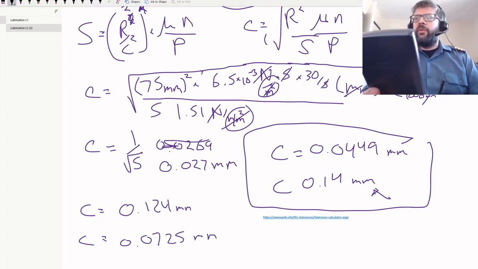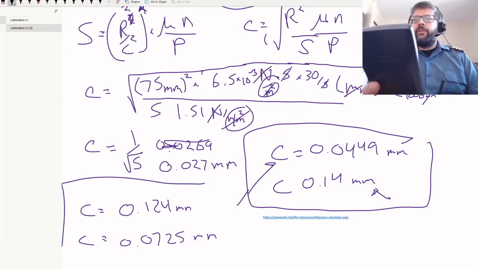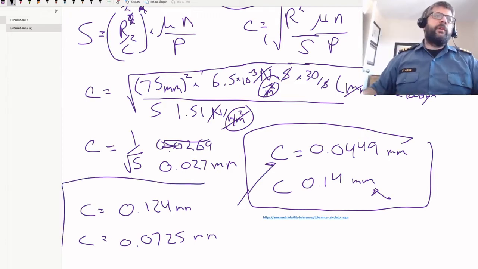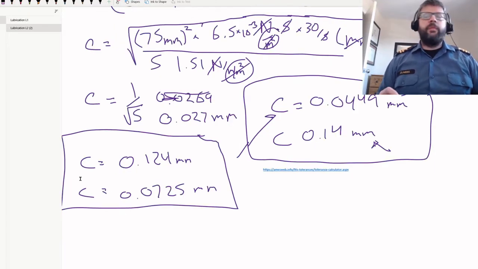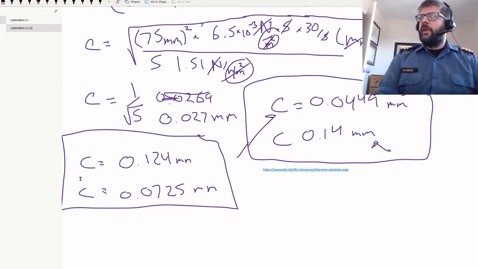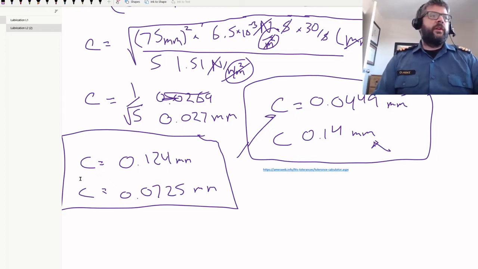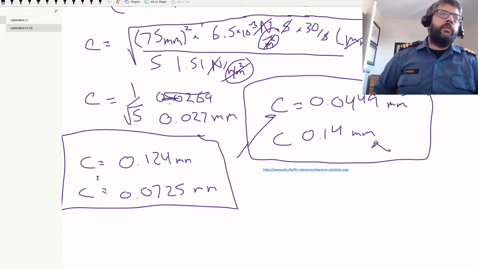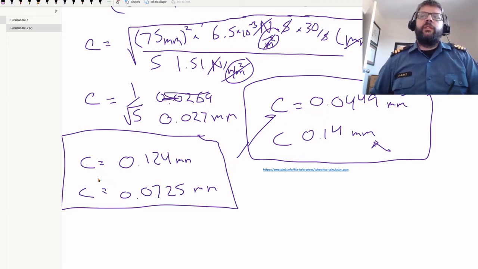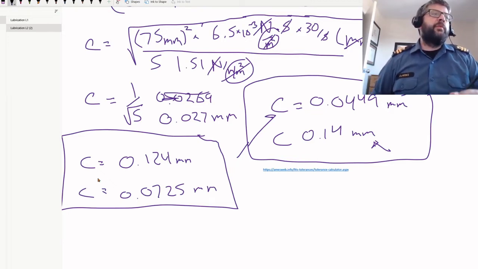So above our minimum here. So this seems like a reasonable thing that we could specify to the folks making our bearing, or grinding the shaft down to size, and so on and so forth. For the purposes of the rest of the analysis, I'll assume that these are our maximum and minimum values of our radial clearance.